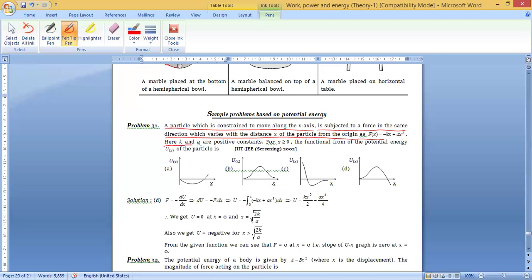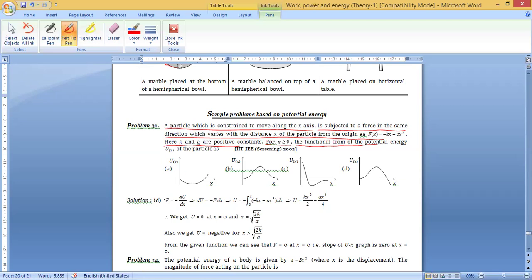Here k and a are positive constants, for x greater than or equal to 0. Find the function of the potential energy U of x of the particle. So we need the graph of potential energy versus x. This is a conservative force.